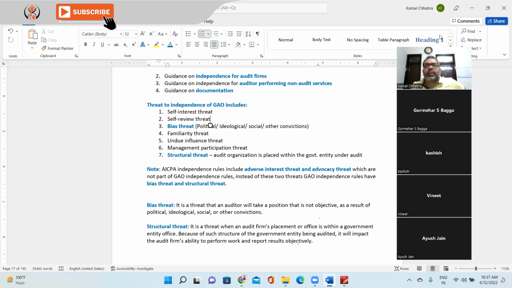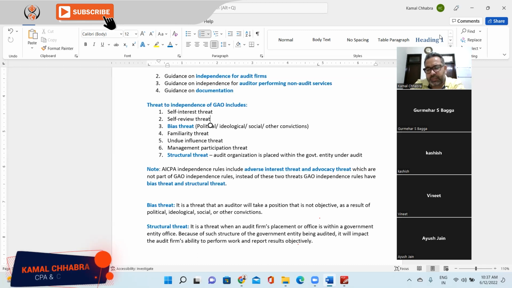Now you are conducting the audit of ONGC, and you have identified a material misstatement. Will the audit procedures you are performing be objective? Will you be able to challenge? Will you be comfortable challenging? For example, an issue relates to a labor law and impacts the union.